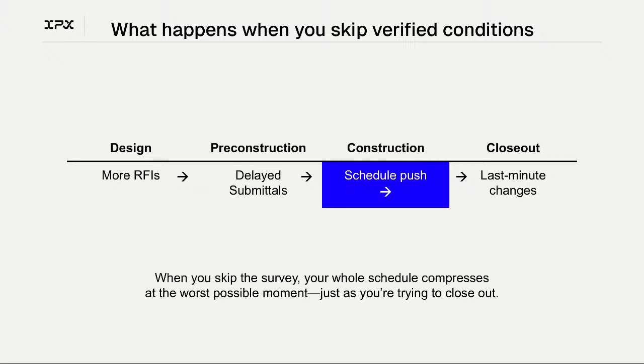On the design side, you're going to have way more resubmissions, way more RFIs during pre-construction, and a lot of delayed submittals. In some cases we've seen pretty extreme situations, where some projects don't even know the type of structural system.